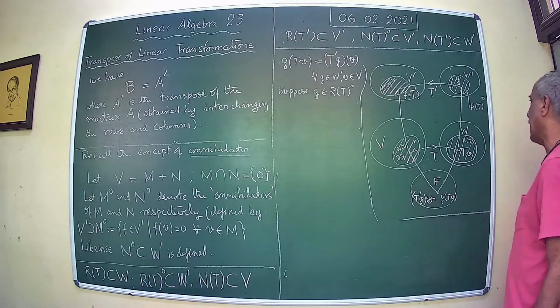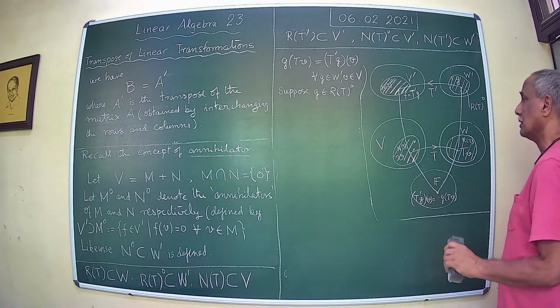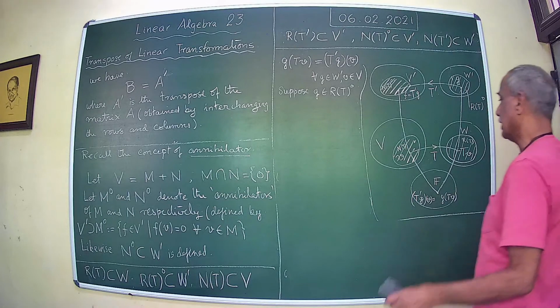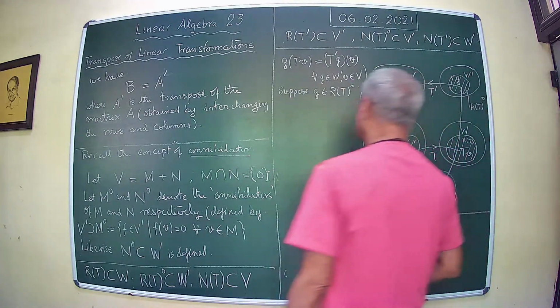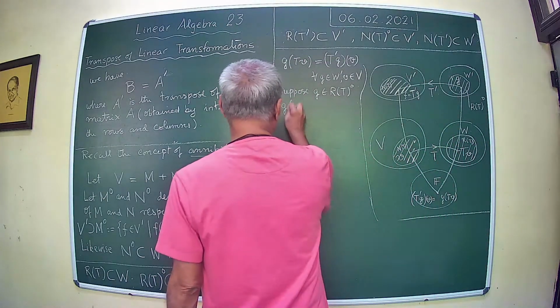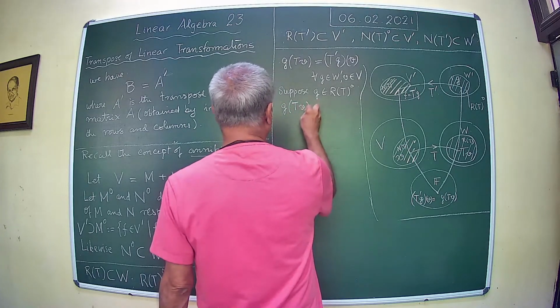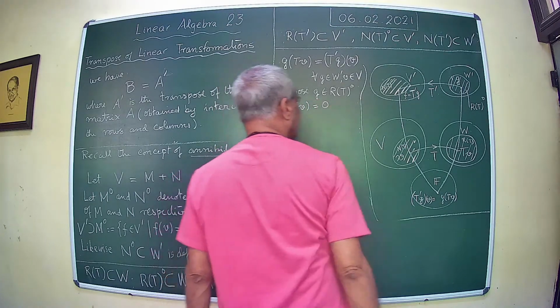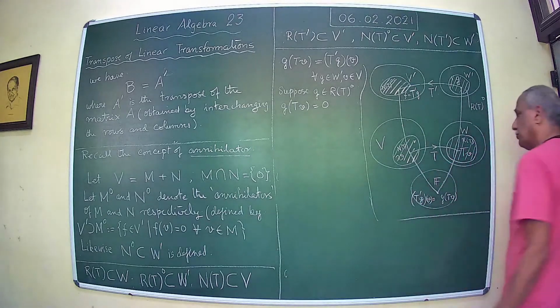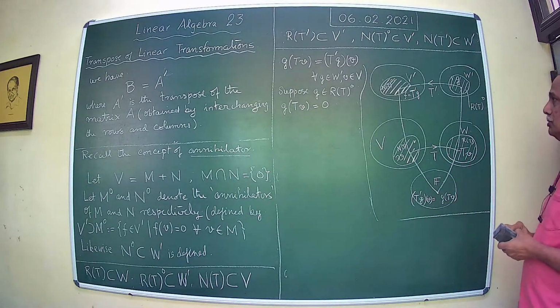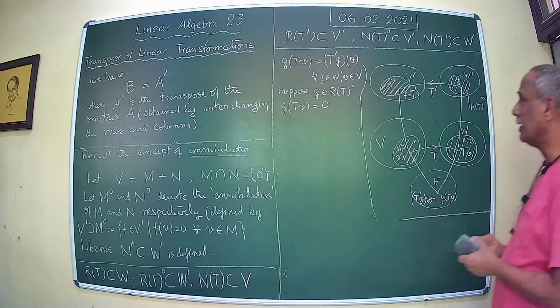If g is in the annihilator of RT, then g of Tv equals 0. What does it mean?